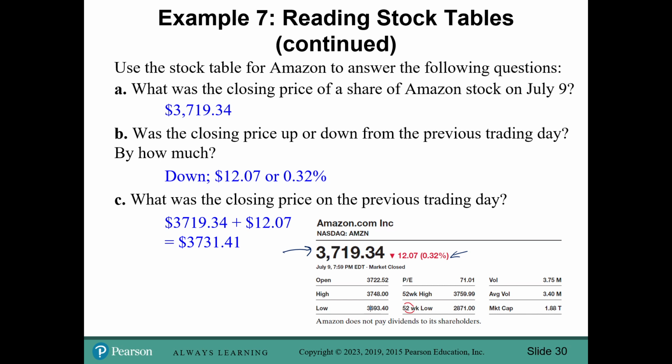We can mathematically determine that by taking what the closing price was today, and if the price was down $12.07 today, that means that yesterday it was $12.07 higher, so I can just add the $12.07 to the closing price of today and figure out what yesterday's closing price was. So yesterday's closing price, if I add those two numbers together, is $3,731.41.